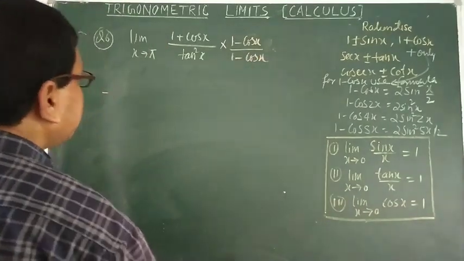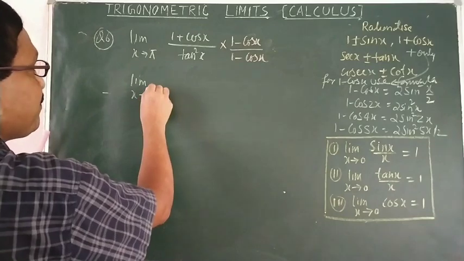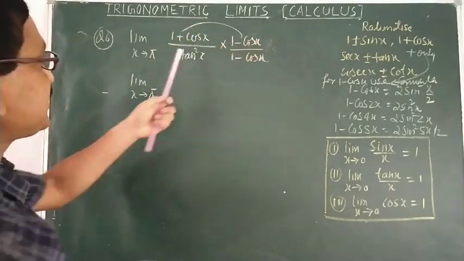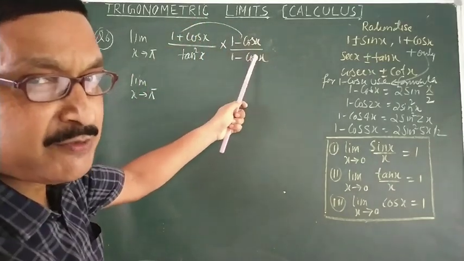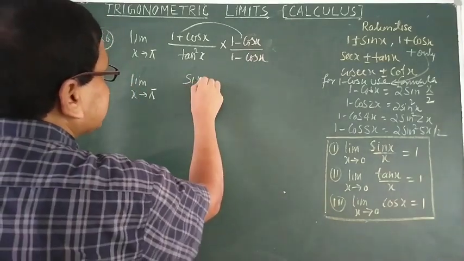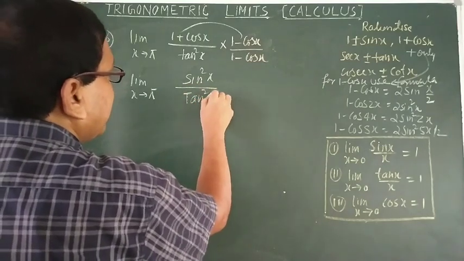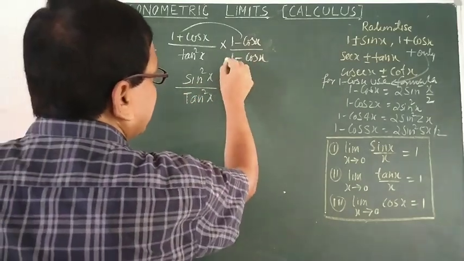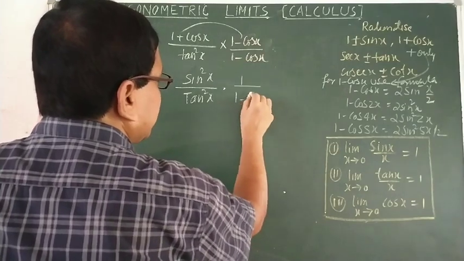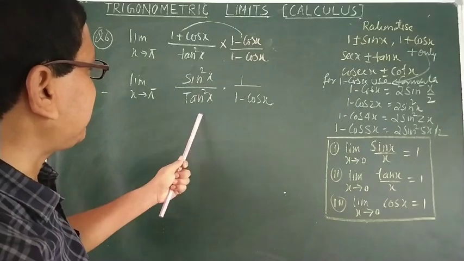Now the result is x goes to pi, 1 minus a plus b into a minus b, 1 minus cos squared x, this is sin squared x. So we are getting sin squared x by tan squared x into, this is left, 1 by 1 minus cos x. ये बच गया.